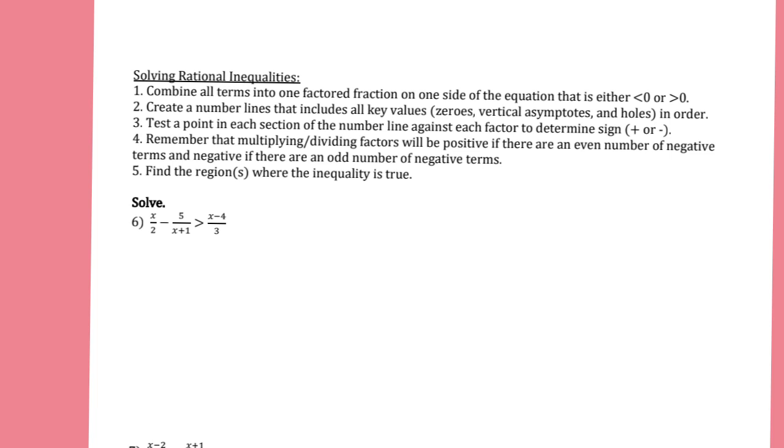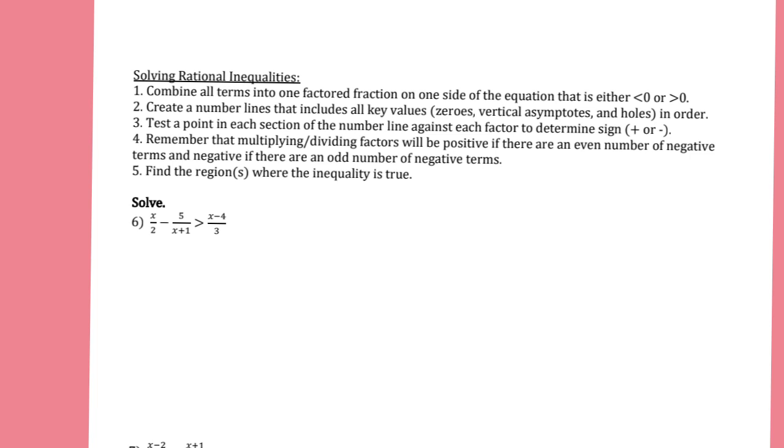And then the second thing is we're going to create number lines with the key values on them, after we factor it. Then we'll find those critical values and create test points within each of those regions, and say which regions have answers that make it true.